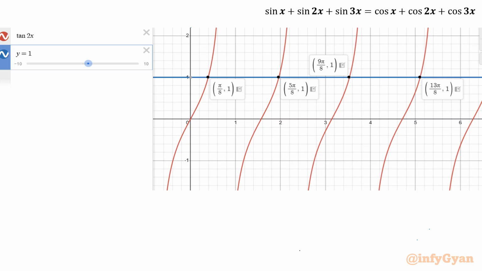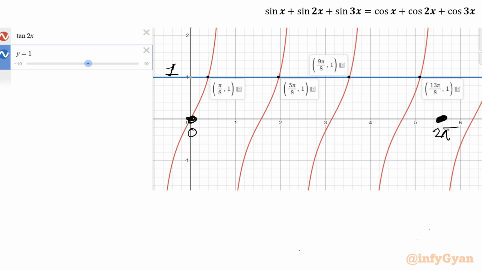Now come to the tan 2x equal to 1 graph. This is the graph of tan x. This is x 0, pi by 2, 2 pi by 2, 3 pi by 2, and here I can write 4 pi over 2, that means 2 pi. Now this line is y equal to 1, a constant line, as you can see.